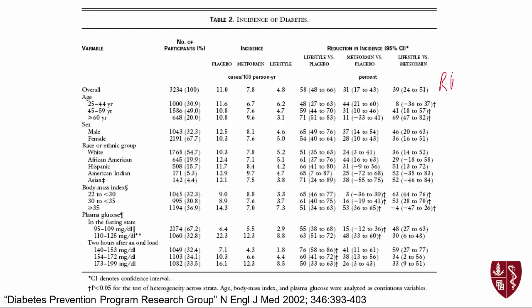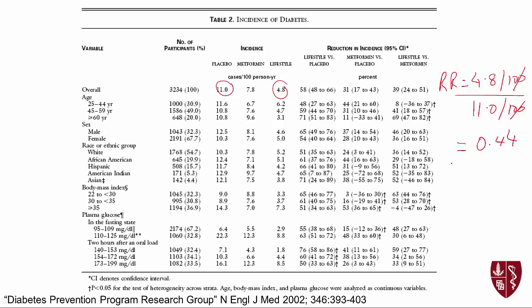My rate ratio is the incidence rate of diabetes in the lifestyle arm, which is 4.8 per 100 person years, divided by the incidence rate of the outcome in the placebo arm, which is 11.0 per 100 person years. So you can see the person years disappear, and I'm left with 4.8 divided by 11, which, if you whip out your calculator, works out to be 0.44.